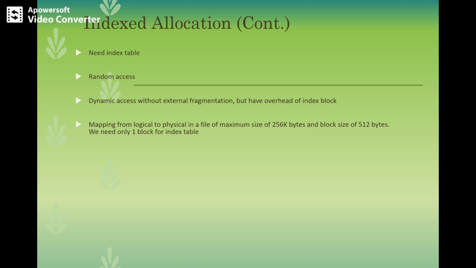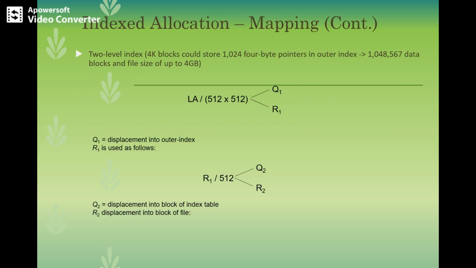Mapping can also be from logical to physical in a file of maximum size of 256 bytes, and there is a block size of 512 bytes, but we need only one block for the index table. So this is how the mapping goes on in index allocation.